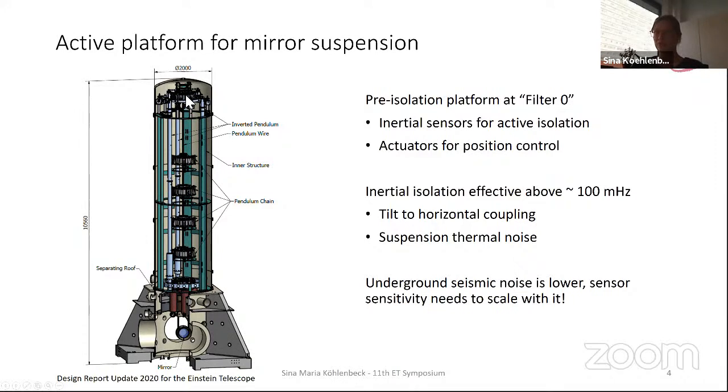This suspension point is here in the upper part, and on the top we already have an active alignment stage, which is called filter 0. There we have sensors as well as actuators to do position control and also some inertial control. The problem there is if we go to an underground site and we have this much lower input noise, which is great, then the sensitivity of our sensors needs to scale with it.